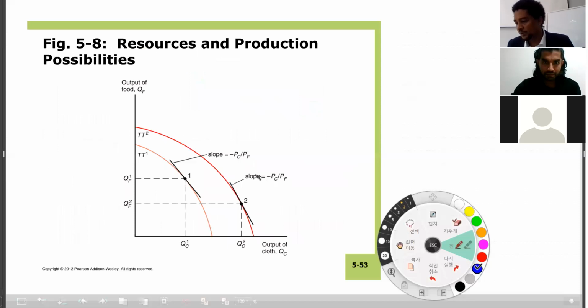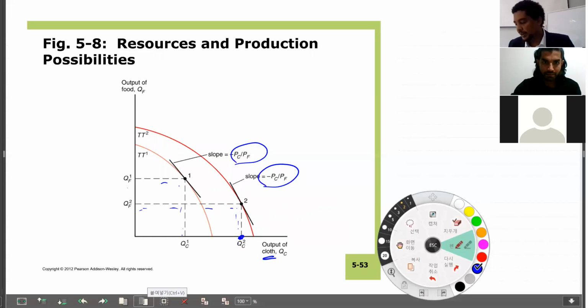This will tell you the difference in slope of production possibilities in clothes and food. Then when labor increases, output of clothes will increase, okay?